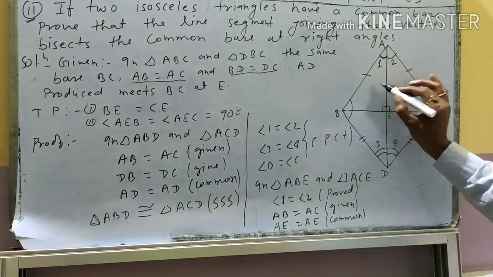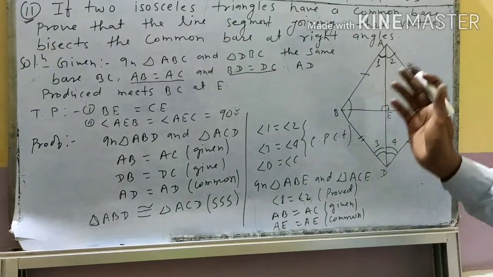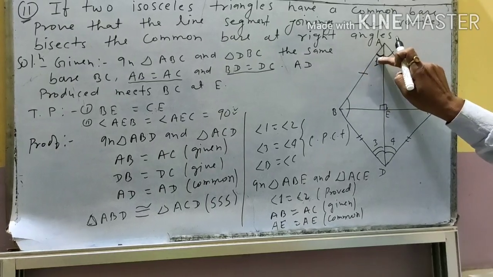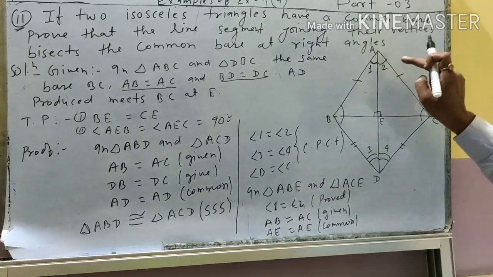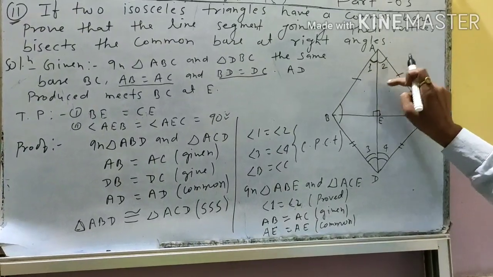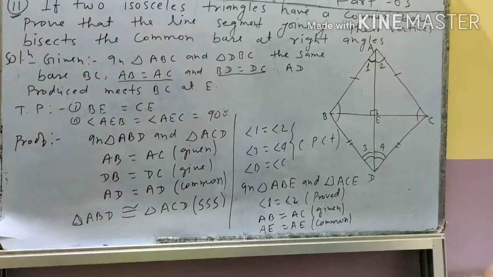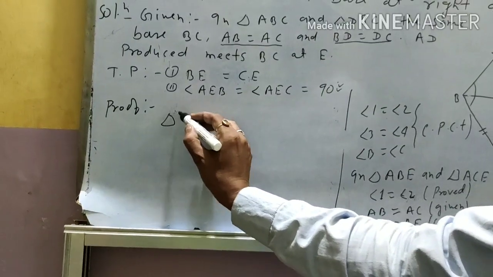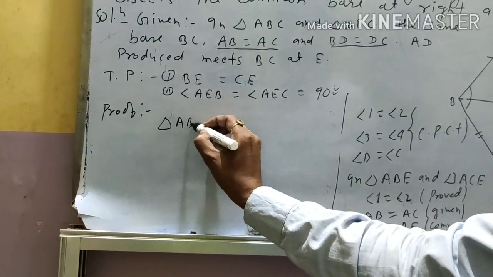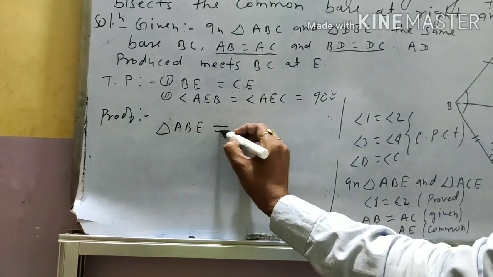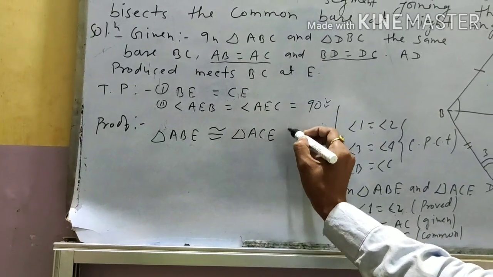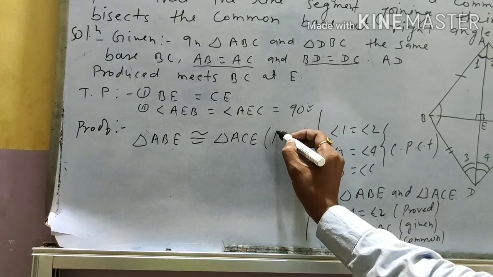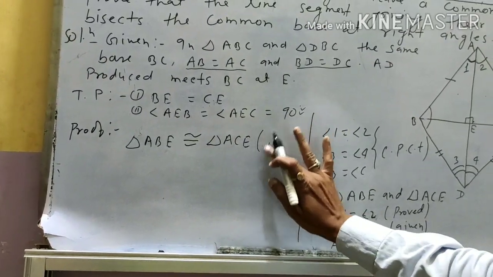So these two triangles are congruent. By which criteria? Side, angle, side. By the side, angle, side criteria, these two triangles are congruent. Triangle ABE is congruent to triangle ACE.